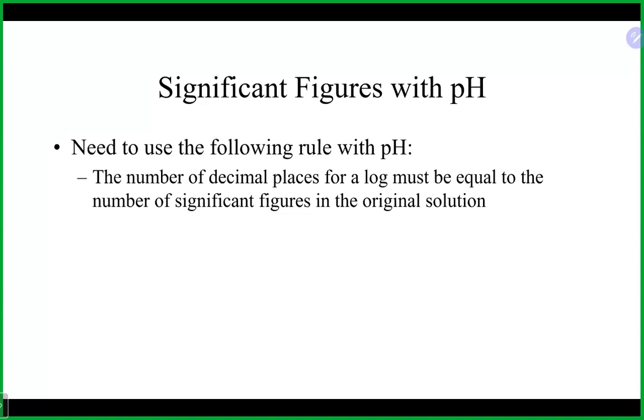So we are going from significant figures to decimal places. For the concentration value you're using to calculate the pH, for example the H plus concentration, however many sig figs there are in that number is how many decimal places you should take the pH to.